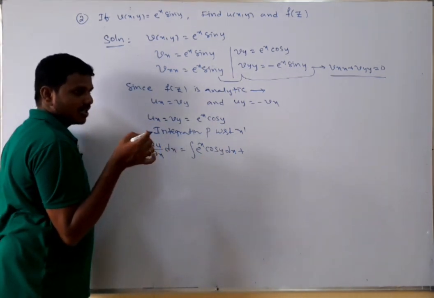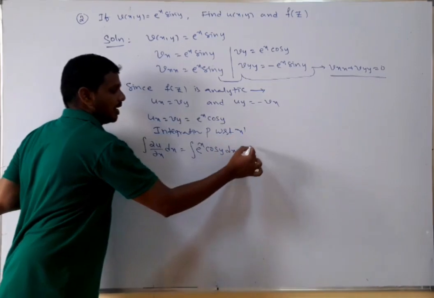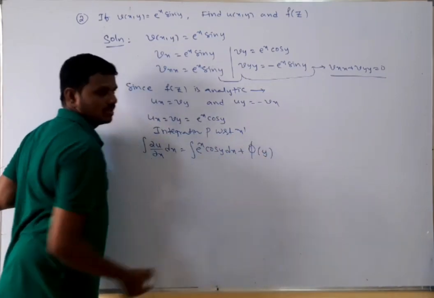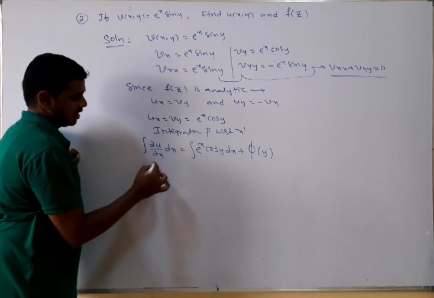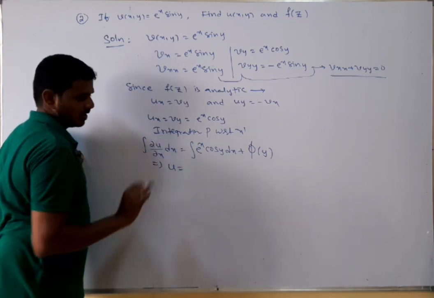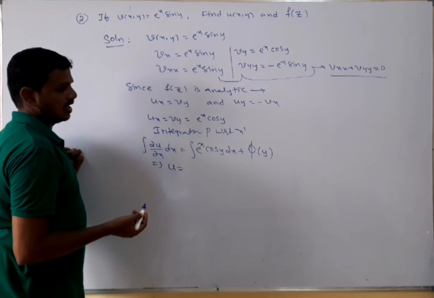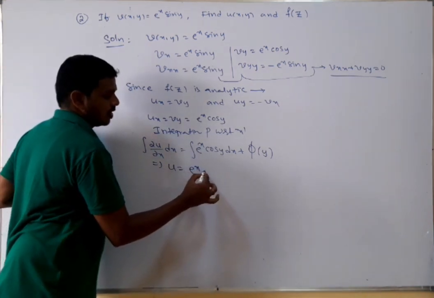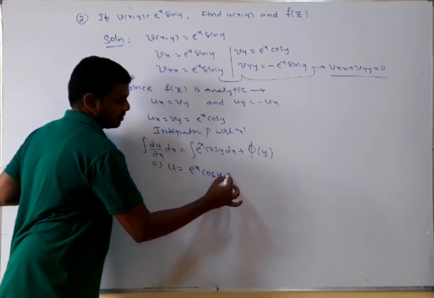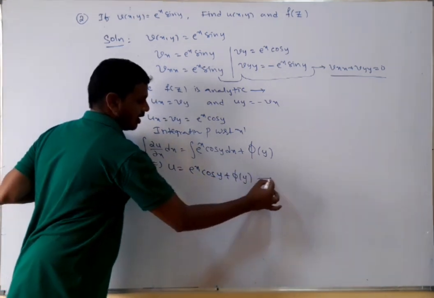But partially with respect to x, you take a function of y, phi of y, which is the constant, right? When we are integrating, y is a constant. So u is equal to, same procedure, e to the power of x, cos y is a constant, the integral of cos y e to the power of x dx is e to the power of x into cos y plus phi of y. Say this is equation number 1.